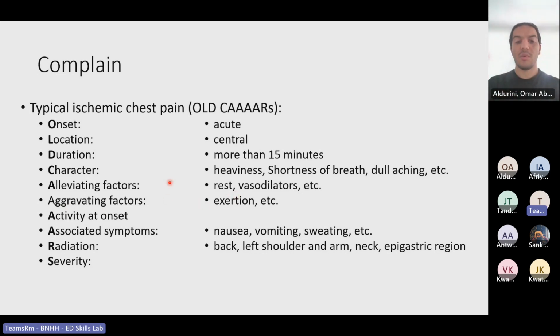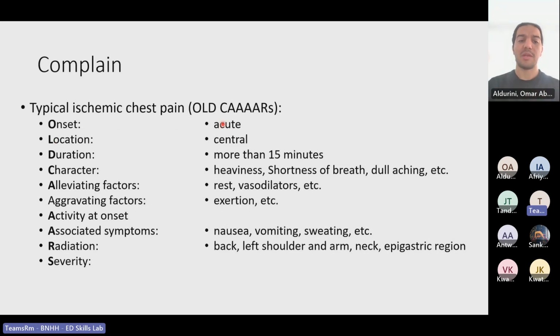Usually when the pain starts, it starts with a certain activity. The patient says to you, I was playing golf, I was walking from my home to the supermarket, or coming back, or whatever activity he's doing. Usually it will be what we call active duty. The patient will be active during the start of the pain.